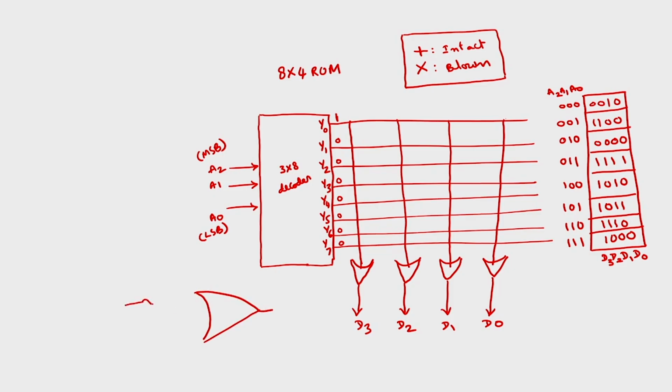This is Y0 connected through a fuse, Y1 connected to a fuse, Y2 through a fuse, Y3 through a fuse, Y4, Y5, Y6 and Y7.